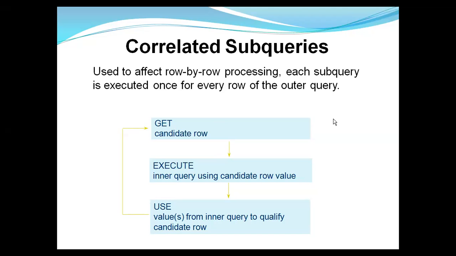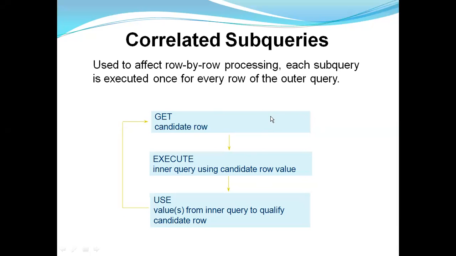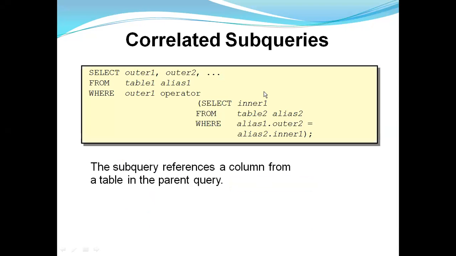I hope the concept is clear about the correlated subquery. If not, let's continue here. How does it work? Simply, when a query takes a reference from the outer query, then it is considered a correlated subquery.